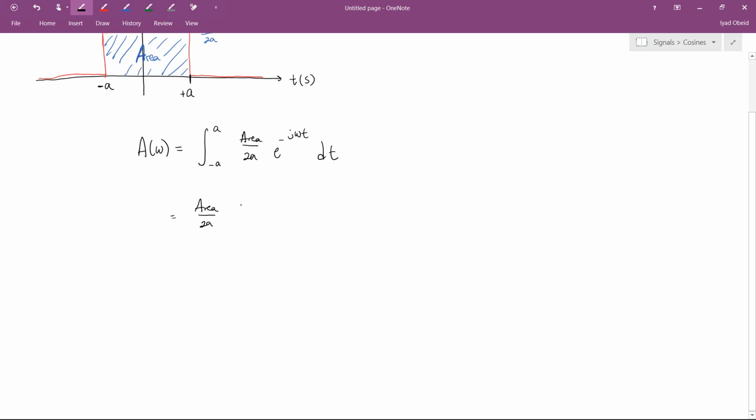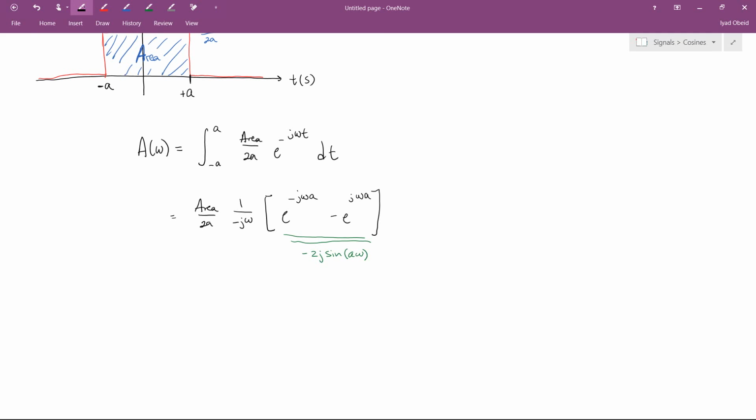We get a 1 over minus j omega from the integral, and then we're left with e to the minus j omega a minus e to the plus j omega a. And by now we should be getting good at recognizing that this term here is minus 2j sine a omega.